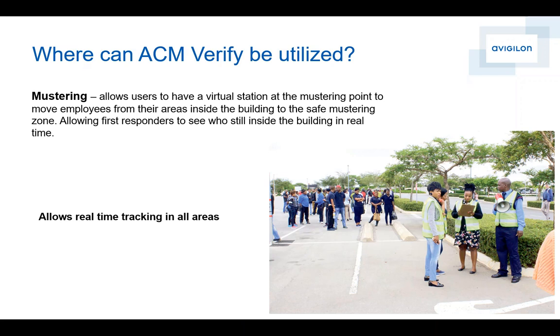So in case of an emergency, that person will go to that area, usually a parking lot, where they'll pull up their phone or their tablet and log into the ACM Verify, and now as employees come into that area, they can just punch their PIN number, and now you move them from any area inside of the building to the safe zone.